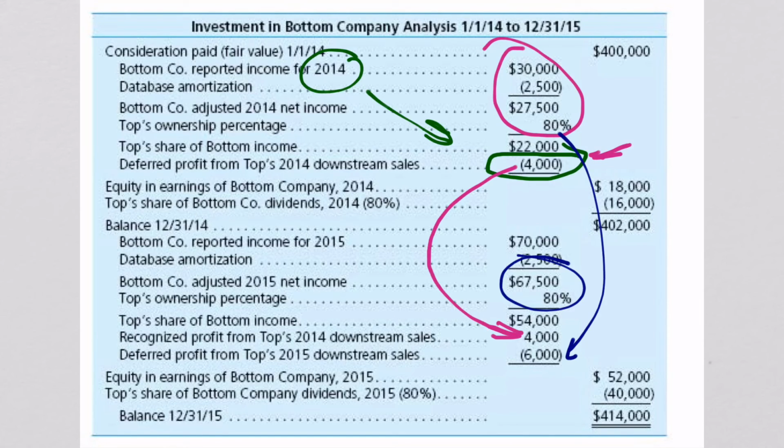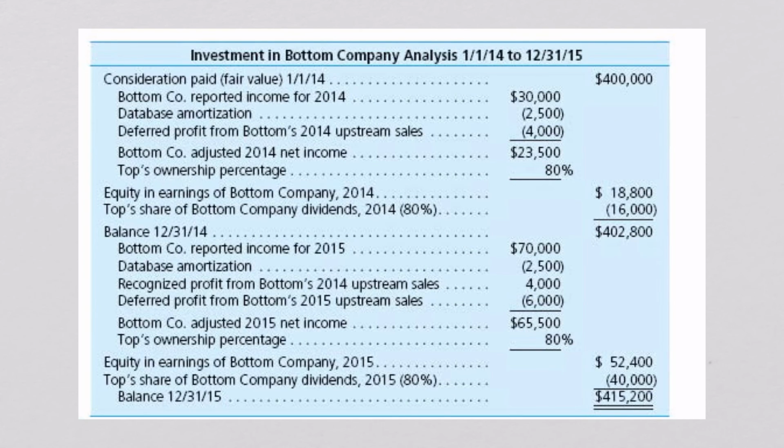In this case, the non-controlling interest is 20% here and 20% here in the respective years. Remember, this is 2015. That's a downstream sale, as opposed to the upstream sale, which actually includes in the calculation the amount of unrealized profit. So of this number, 20% goes to the non-controlling interest, 80% to the parent.